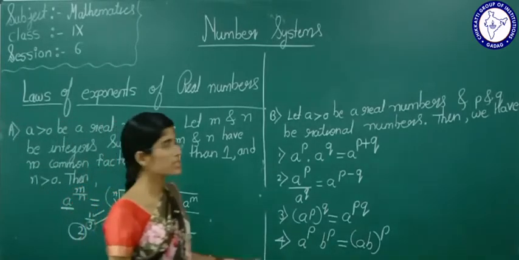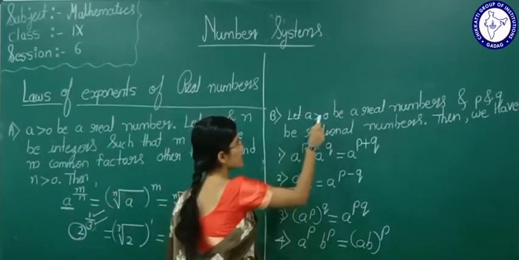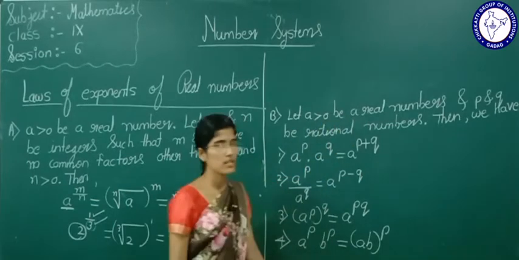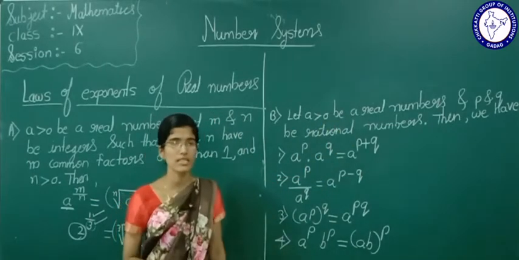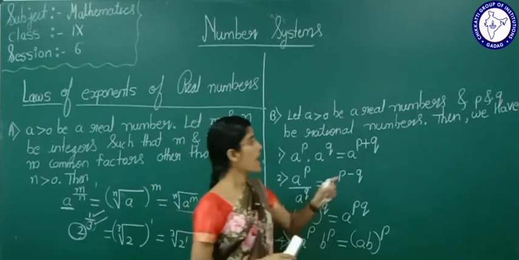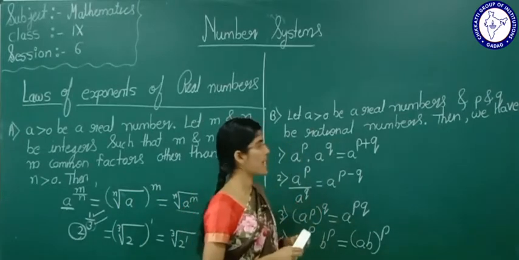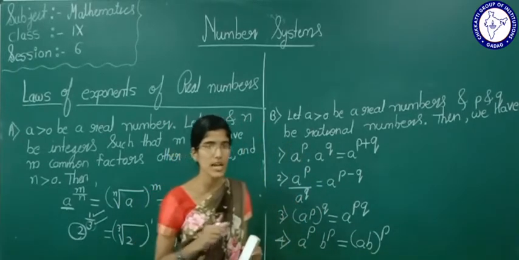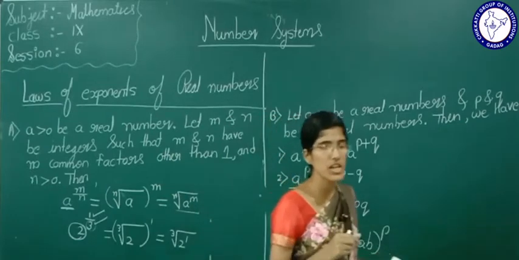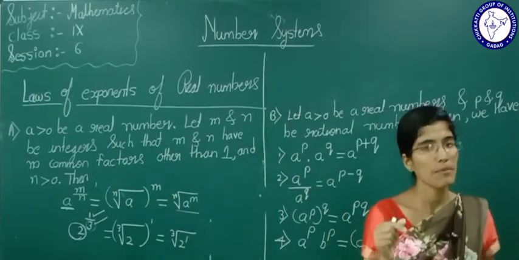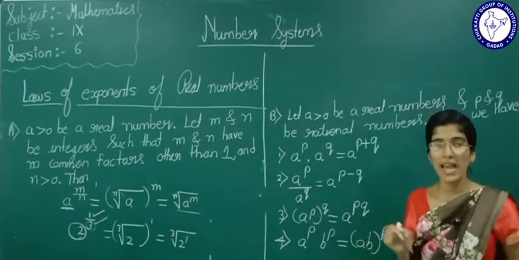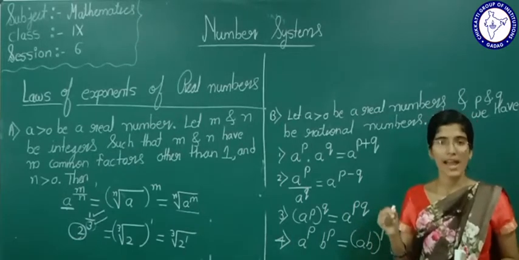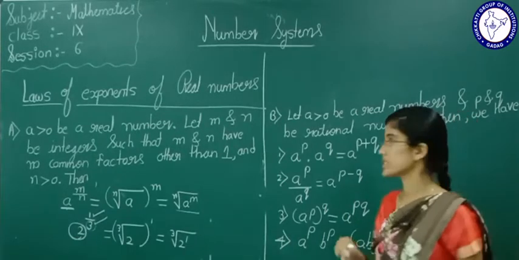So the second one: let a be a real number greater than 0, and p and q be rational numbers. You know what is a rational number? Any number which can be expressed in the form p by q, where p and q are integers and q is not equal to 0.